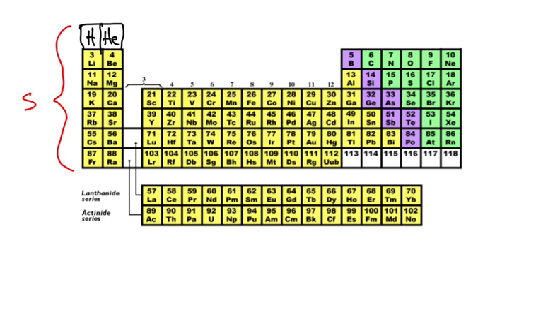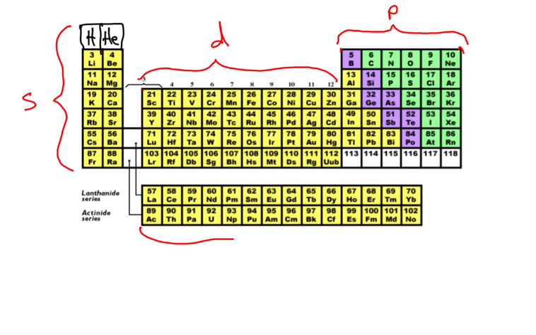Over here on the far right, from group 13 to 18, is the P block. This middle section from group 3 to group 12 is the D block. And this bottom section, which we rarely use, but we should still know where it is, is the F block.